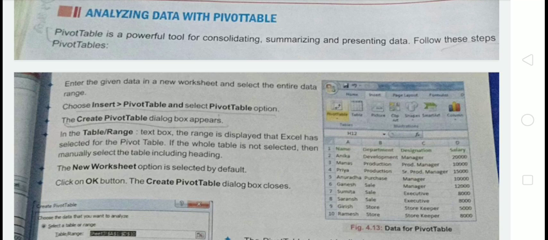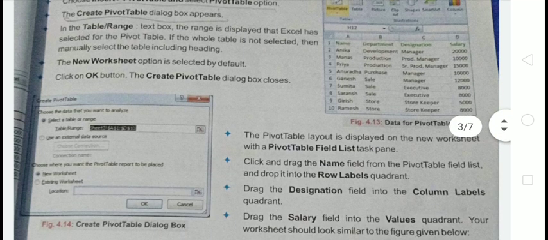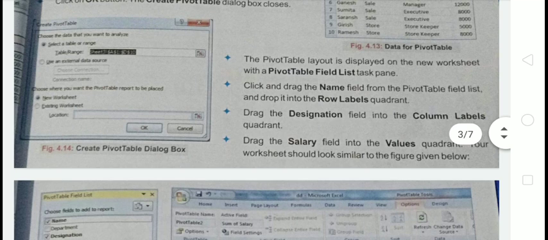You can see in the picture we have the options: records, name, department, designation and salary. And when you click on the pivot table tab, then you can see the given window as you can see on the screen. The pivot table layout is displayed on the new worksheet with a pivot table field list task pane.